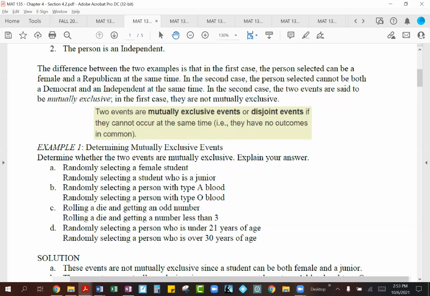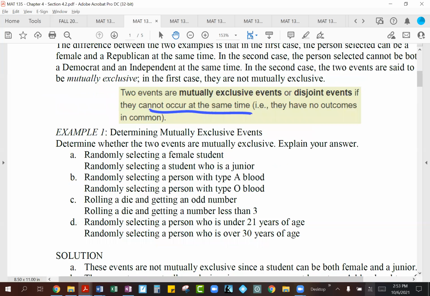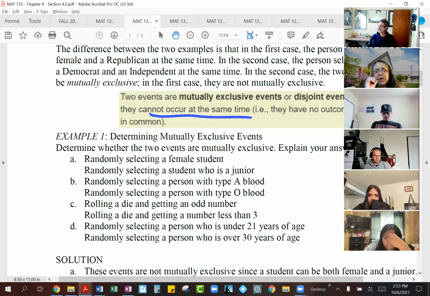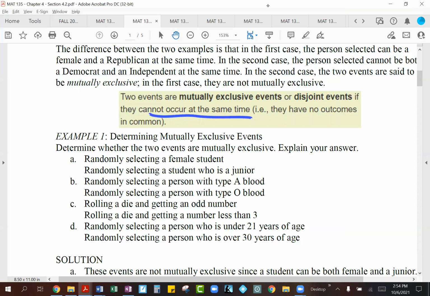Okay, let's take a look at these examples here. Like I said, we'll hide the answers for now so we can look at them ourselves before we see what the answers are. This one is asking us to determine whether the two events are mutually exclusive. Here we have selecting a female student and selecting a student who is a junior.